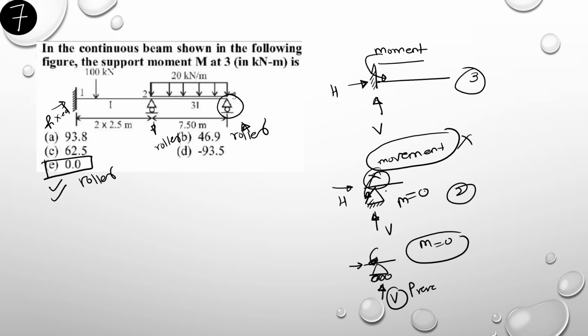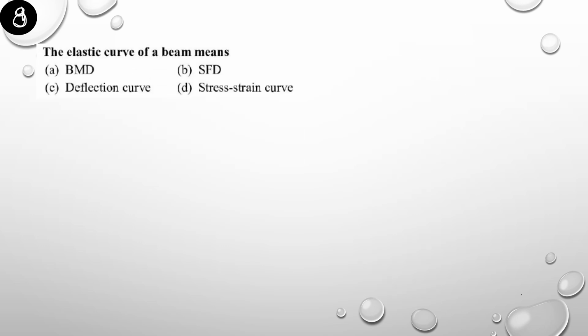Then we'll see the next question, question number 8. The elastic curve of a beam means. Okay, in case of a beam, the bending moment term is there, the shear force diagram term is there, and the stress strain curve is there. The stress strain curve is related to the tensile test on any kind of steel or RCC. So we do the tensile test on steel, and we get the stress strain curve.